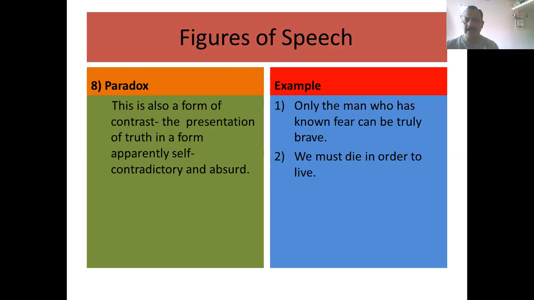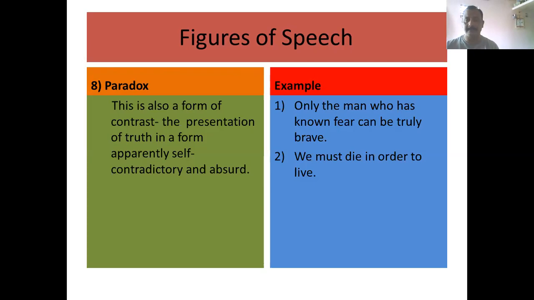Die and live are the opposite words, and when we die, then we have the value to our life. Without that, there is no value to life. And because of that, the poet has used this kind of thing here, die and live, such a kind of paradox is there.